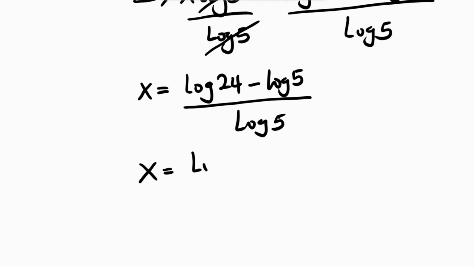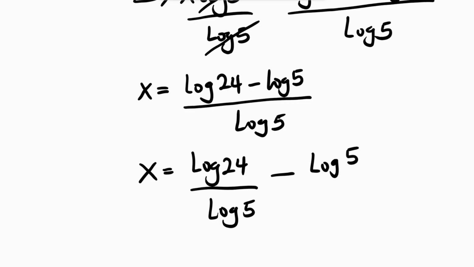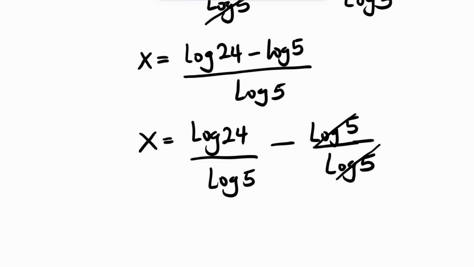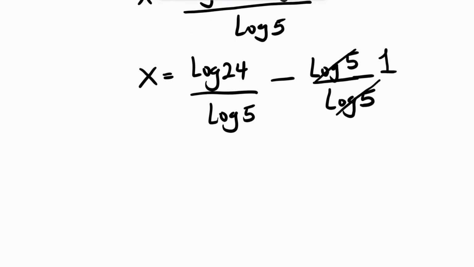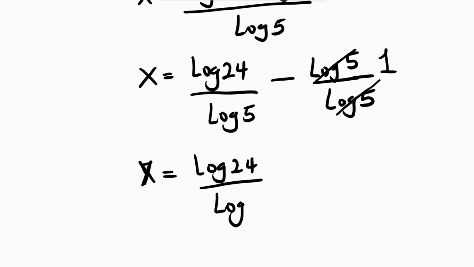We have log of 24 divided by log of 5 minus log of 5 divided by log of 5. Log 5 can cancel out, and it becomes 1. So now x is equal to log 24 over log 5 minus 1.